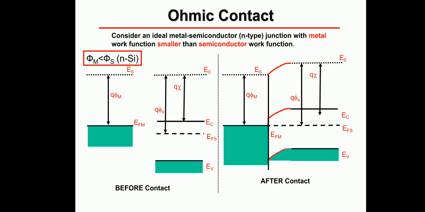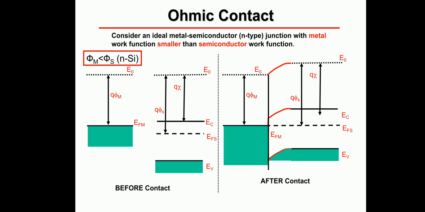For ohmic contact, phi m is less than phi s for n-type material. If the semiconductor is p-type material, then phi m should be greater than phi s for ohmic contact. So we can see in detail.